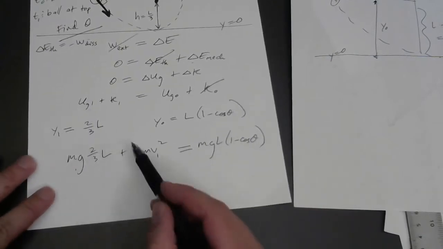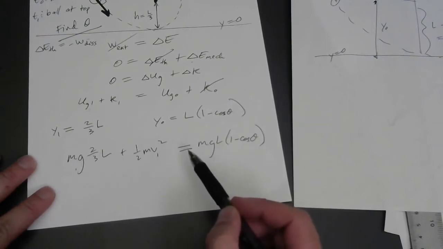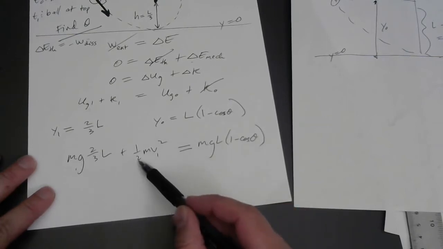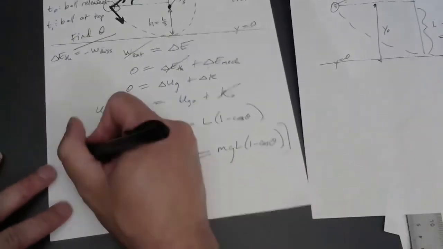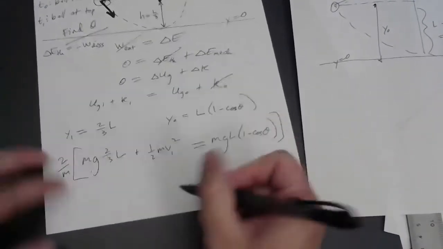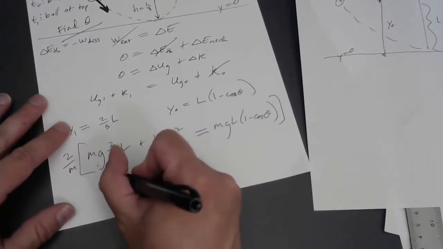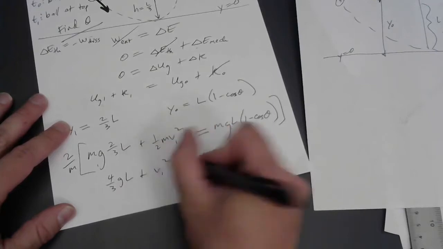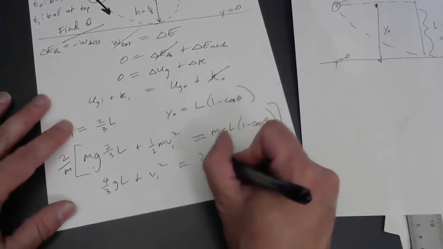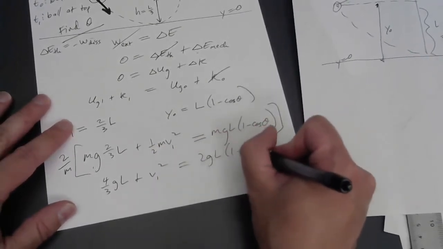And while we're at it, we can divide out the m. And I would like to get rid of this 2 as well. So I'm going to multiply the whole equation by 2 over m, and then I've got 4/3 gL plus v1 squared equals 2gL times 1 minus cos theta.